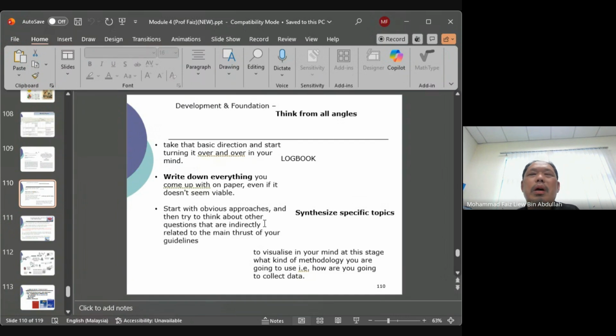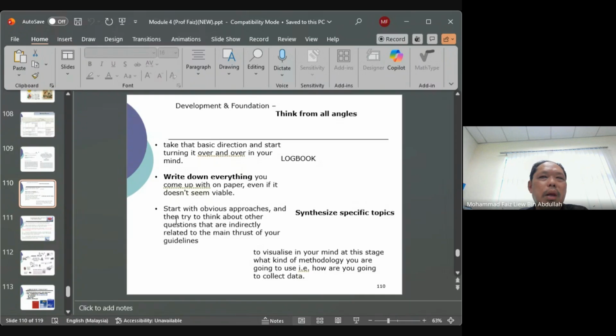Okay? So after getting the first step of functioning of what people's work, then you will start to think about other questions that are indirectly related to the main thrust of your guideline. This is what we call synthetic specific topic. So we try to change.